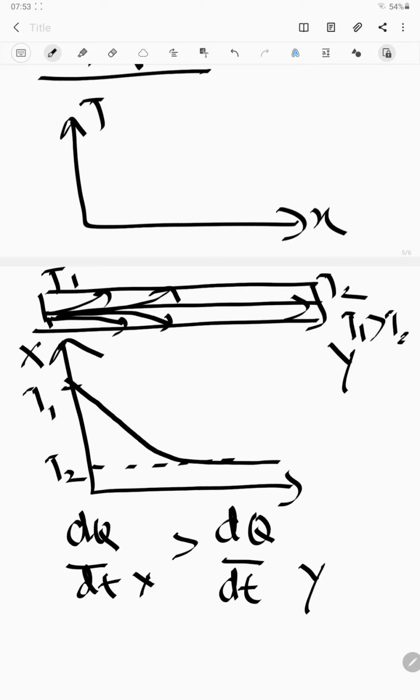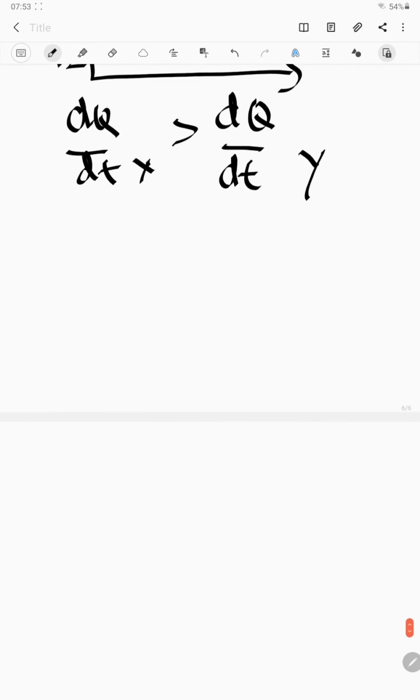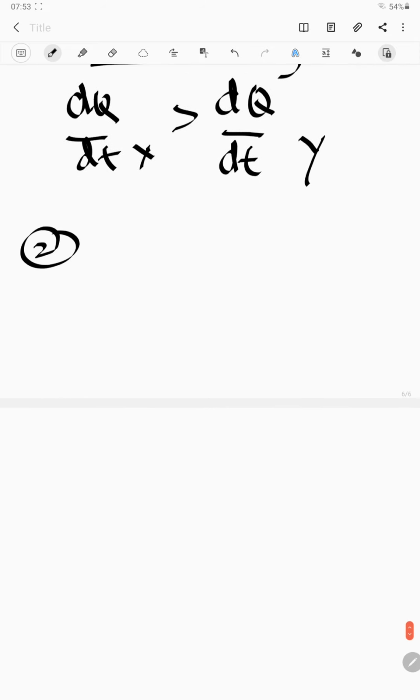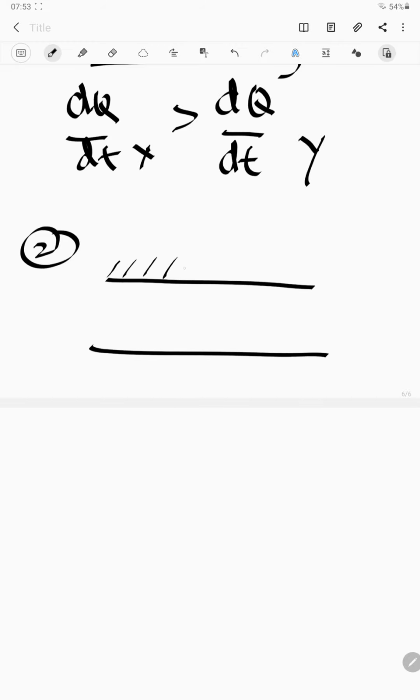Okay, so untuk case yang kedua, kita ada metal bar, and then kita akan cover dengan insulator.